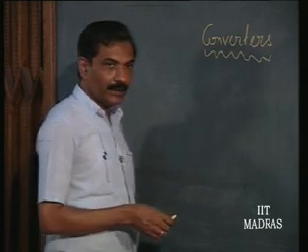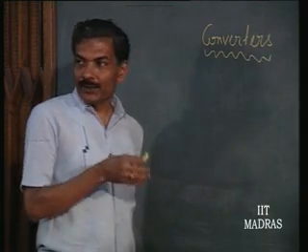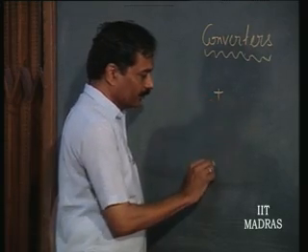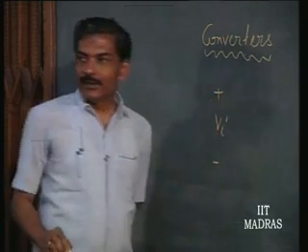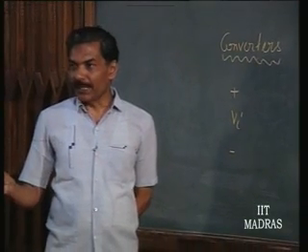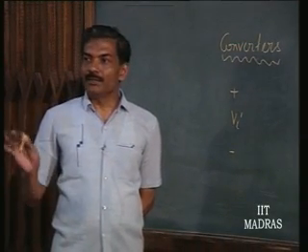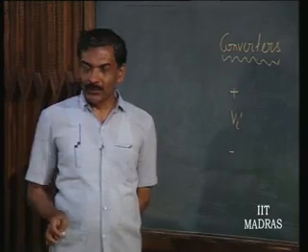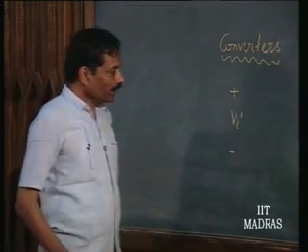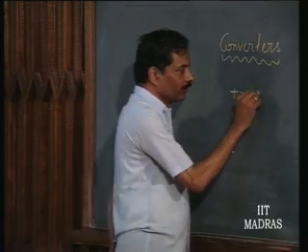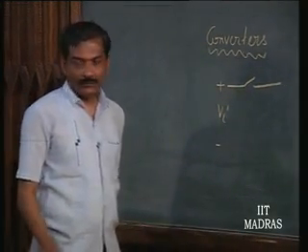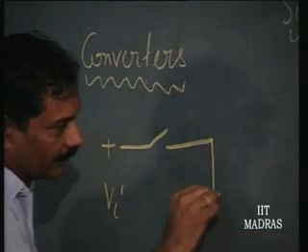Converter. What is a converter here? I want to convert a voltage, let us say Vi, into another DC voltage in a very efficient manner. What does it mean? Efficiency should be 100%. How to convert a DC into another DC? So, what is done here is to use a switch, and then charge a capacitor.